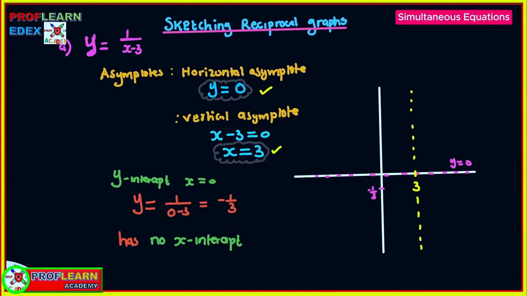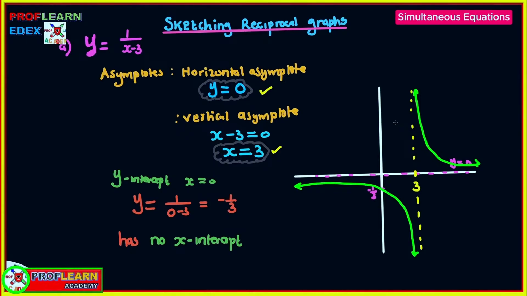The curve is going to cut the y-axis at -1/3, so the graph passes through that point like that, and continues that way without touching those asymptotes. That's how you sketch the graph y equals 1/(x-3).